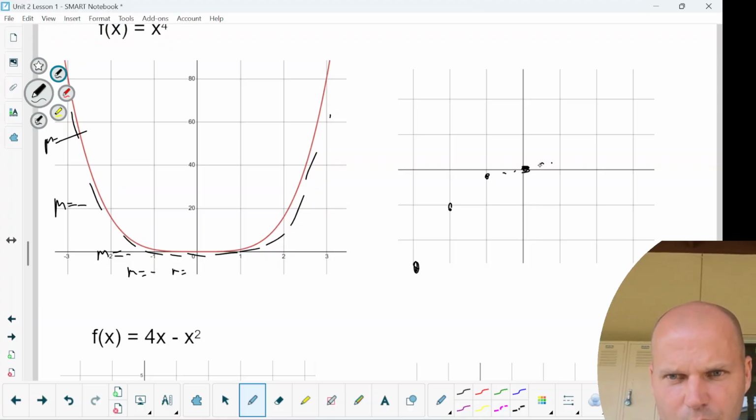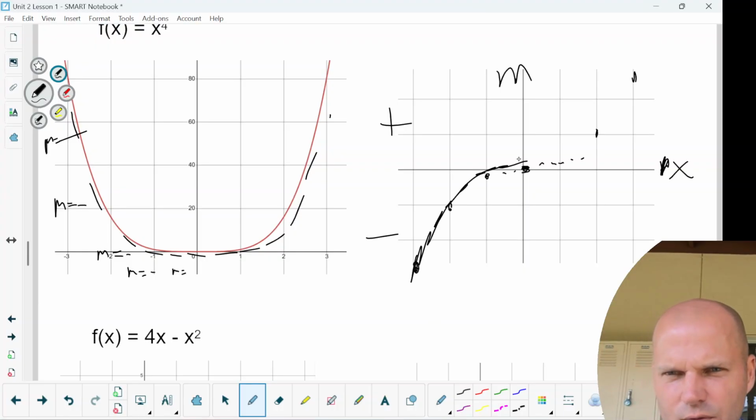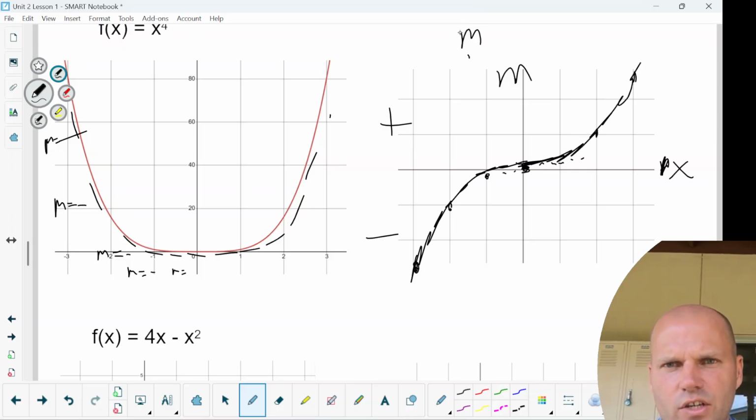And then I'm barely positive, and then more positive at 2, more positive at 3. So again, these are x values, these are m's, these are positive m's, these are negative m's. And here is this slope graph. There is some equation of f of x that if I plugged in the x value, I would get an m.